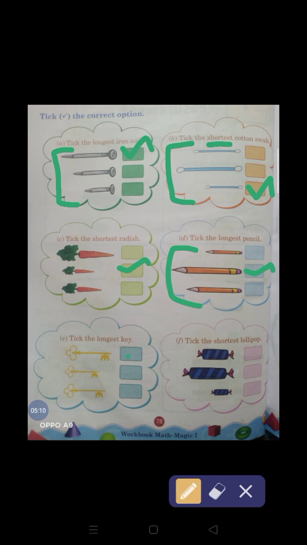Yes, the first key is the longest key. Come to F question. Pick the shortest lollipop. Yes, the third lollipop is shortest when we compare these three lollipops.